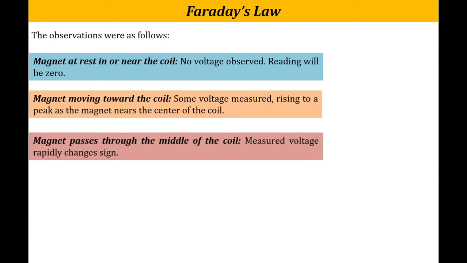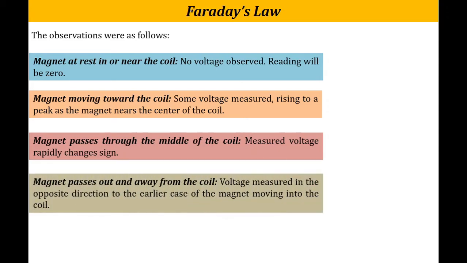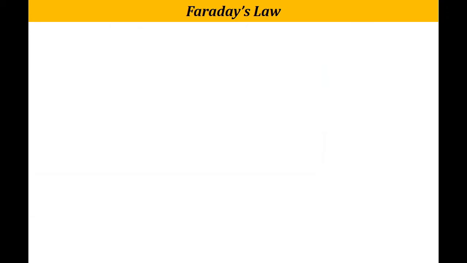Third, when the magnet passes through the middle of the coil, the measured voltage rapidly changes its sign. Then whenever the magnet passes out and away from the coil, the voltage is measured in the opposite direction to the earlier case of the magnet moving into the coil. So these are the observations that we make.